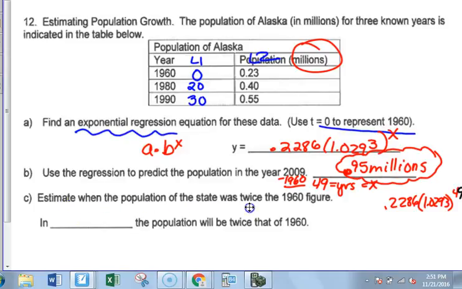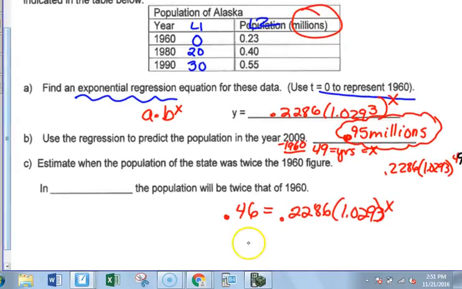Estimate when the population of the state was twice the 1960 figure. So if the 1960 figure was 0.23, we would be looking for when it was 0.46. So you would be solving this backwards, or graphing it on your calculator to solve it backwards. We're looking for an exponent. Well, you know what? Okay. So we would divide.